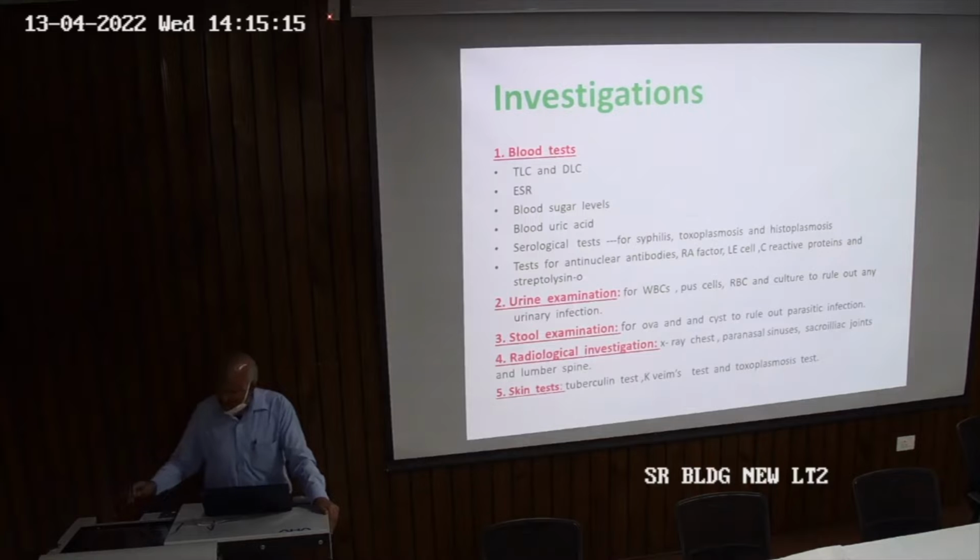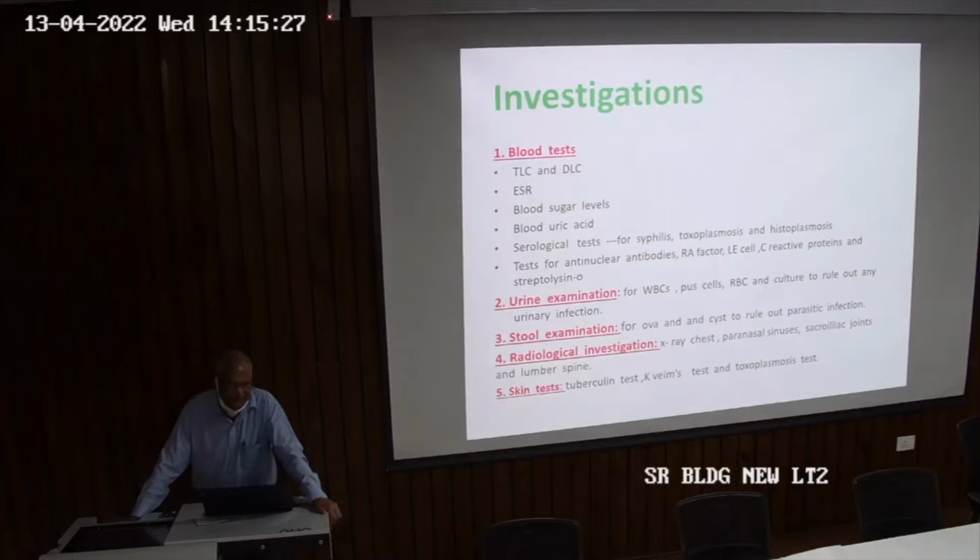So what investigations will we prefer once a case comes? Because almost every disease, systemic disease or eye disease, causes uveitis. So these are some common tests which we ask for when the patient comes.